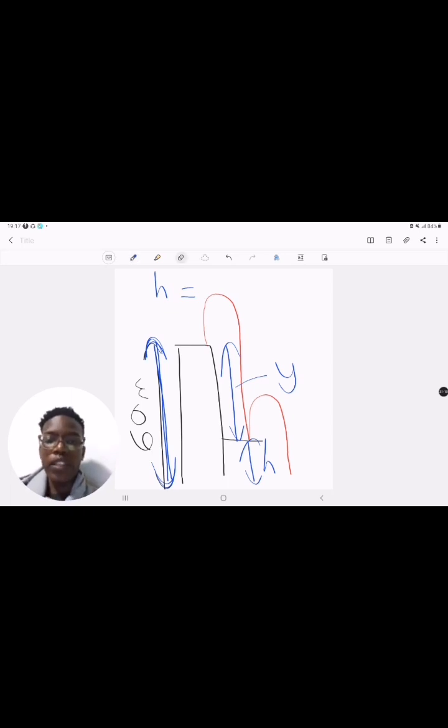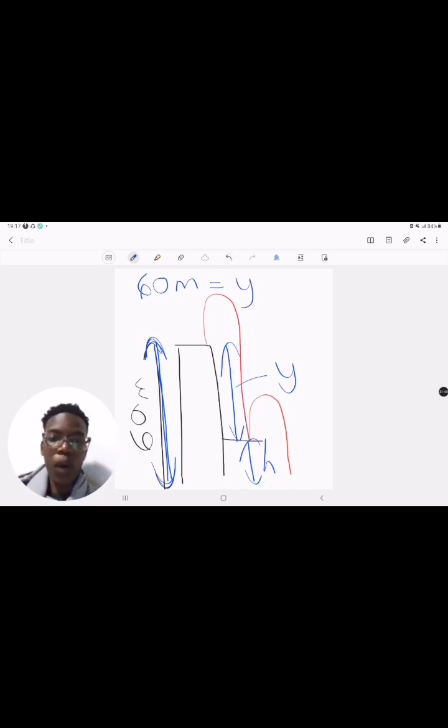We know that 60 meters is equal to y plus h. You can clearly see from the picture that when you take y and h and add them together, they will give you 60 meters.